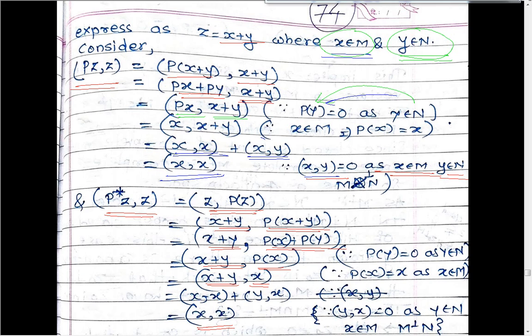So if we combine these two facts, which two facts? That the inner product of PZ, Z equals the inner product of x, x, and the inner product of P star Z, Z also equals the inner product of x, x, we get that these two are equal.